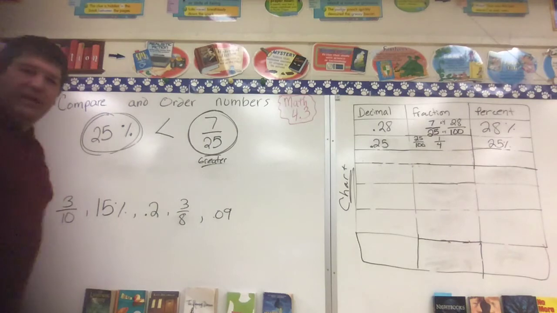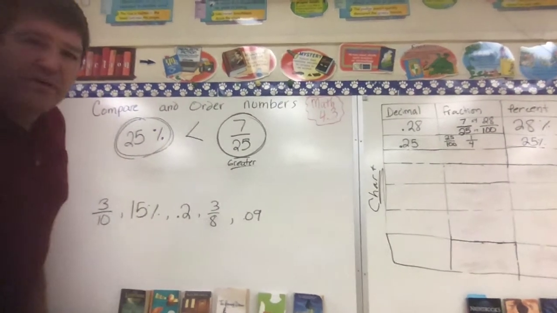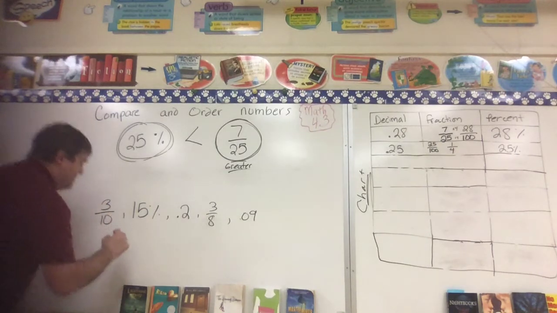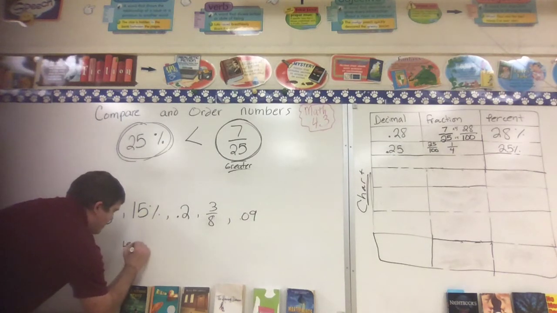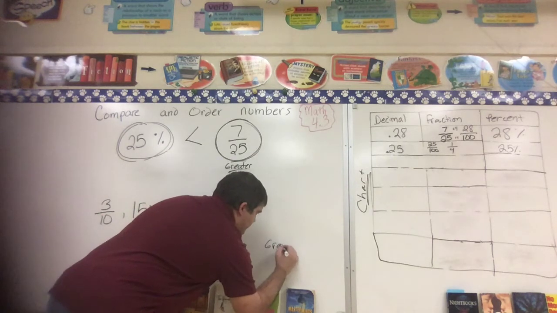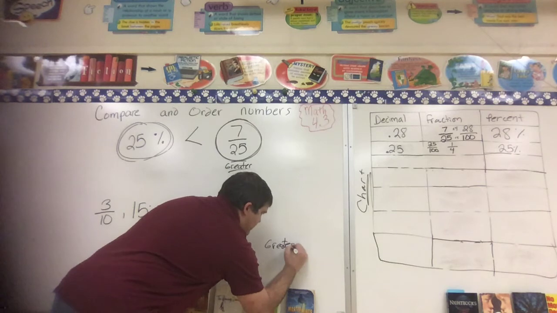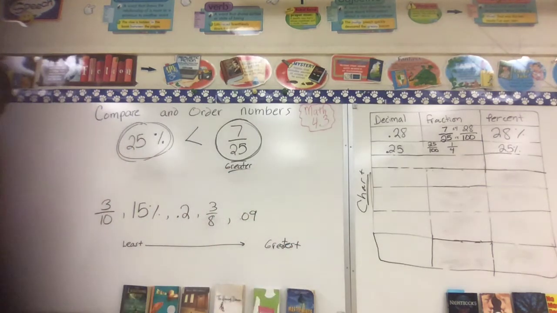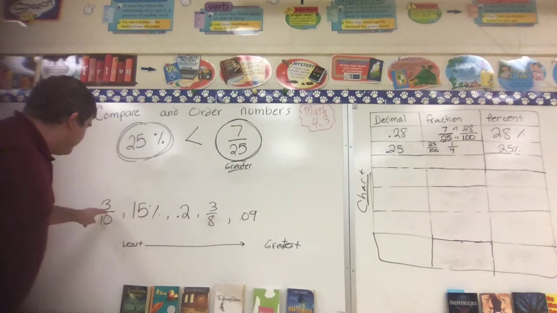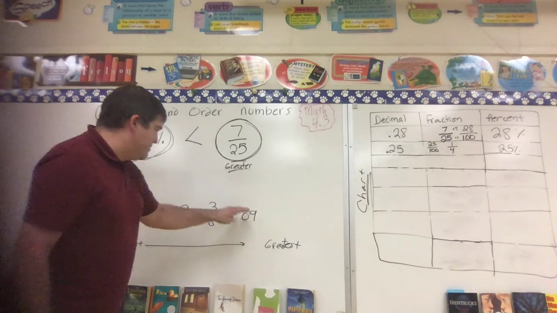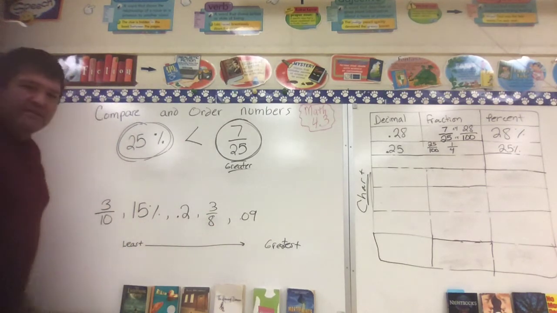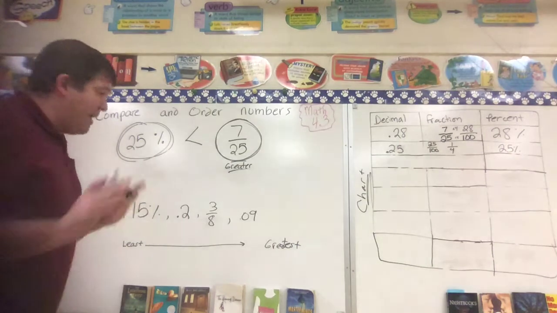Let's go to this one where we have a bunch of numbers and we want to order them from least to greatest. Least to greatest. All right. Now, I have a bunch of different forms here. I have a fraction, a percent, a decimal, a fraction, a decimal. I'm going to put them all into percents. I could do them all fractions. I could do them all decimals. I'm going percents.